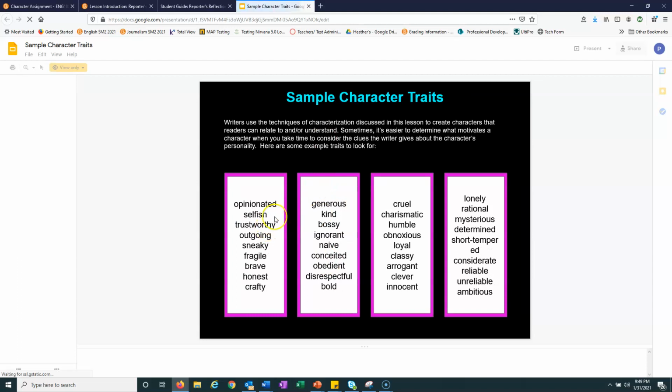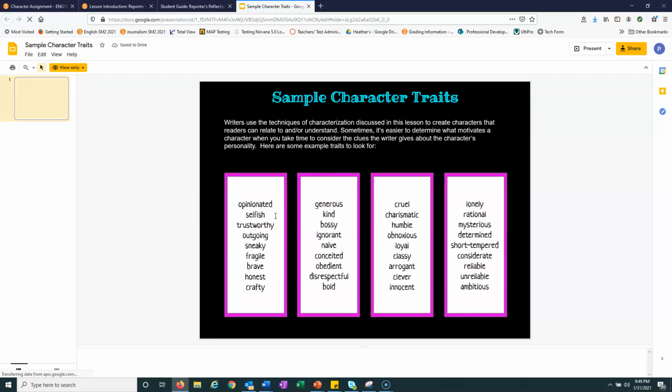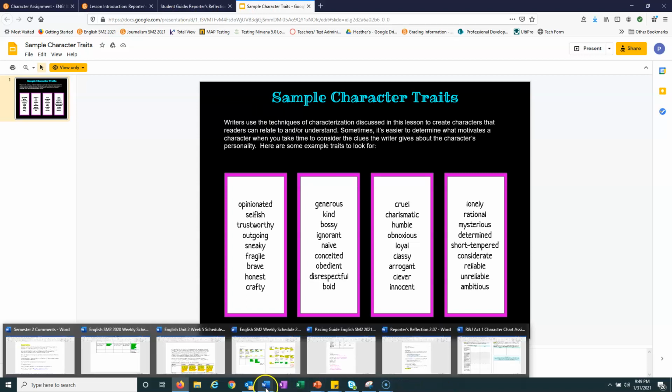So these are sample characters: trustworthy, generous, kind, bossy, cruel, charismatic, humble, lonely, ambitious, innocent, bold, crafty. There's a bunch there. You can use these character traits to describe Romeo and Juliet for the assignment.